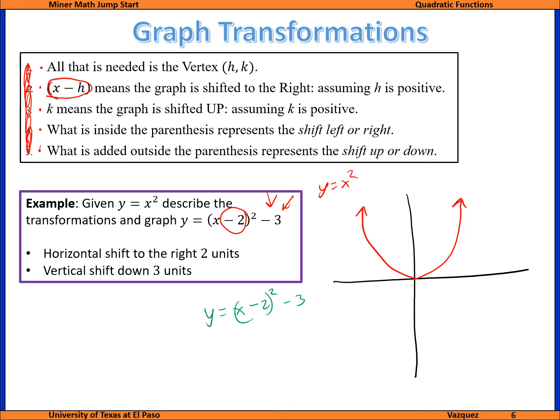Now we move down 1, 2, 3 units, and then to the right 2 units. 1, 2. So this is our point here. That's our point there. And then from there we just draw the parabola again. So that's our new function.